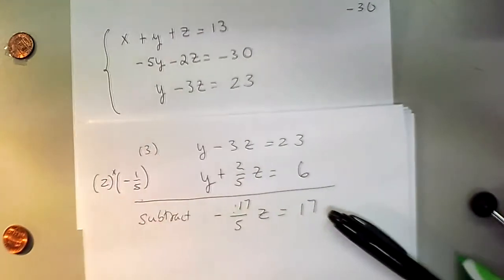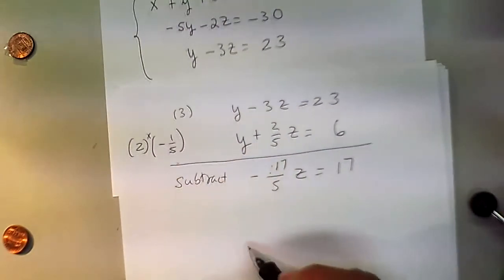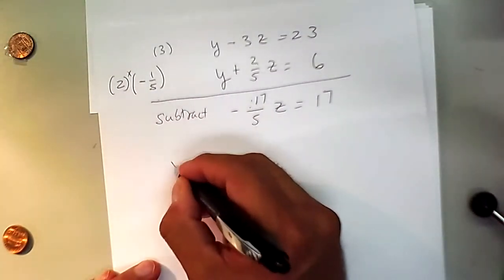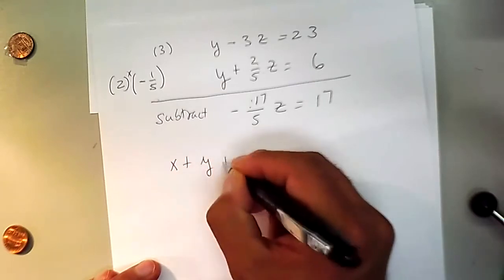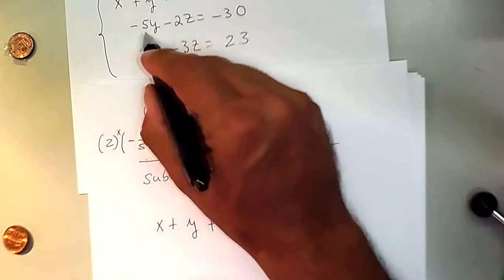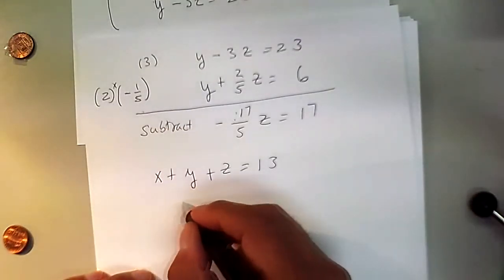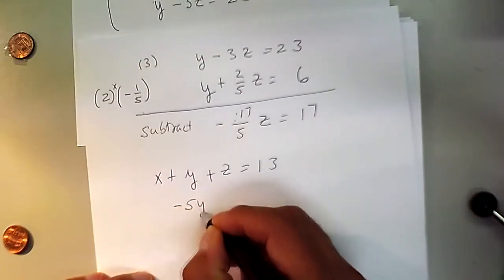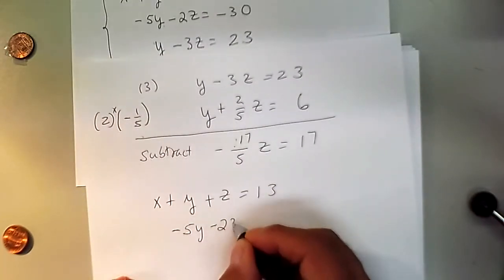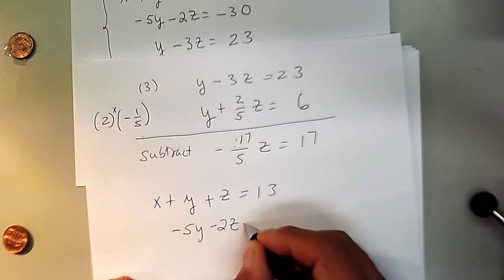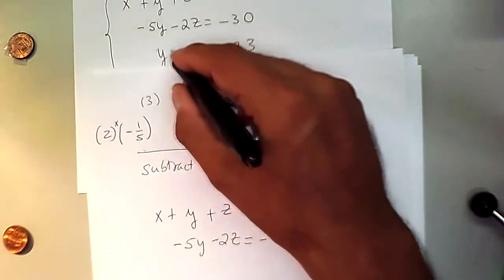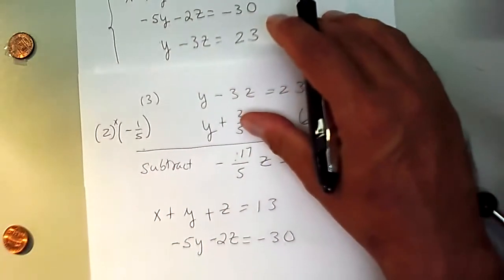All right, so now our new system of equations becomes x plus y plus z equals 13, -5y minus 2z equals -30. And then that's the one equation that got eliminated.